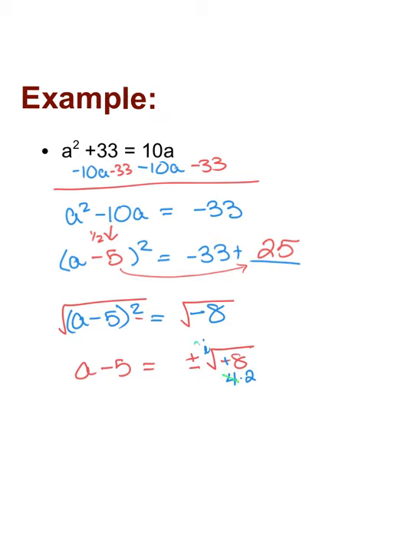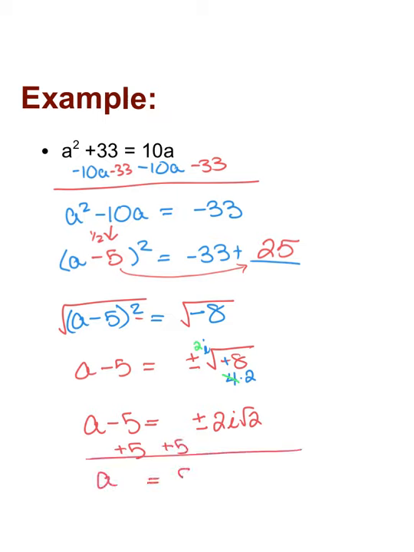The square root of 4 is 2. So I would rewrite this as a minus 5 equals plus or minus 2i radical 2. And the last step would be to add the 5 to both sides. So again, I would have a equals 5 plus or minus 2i radical 2.